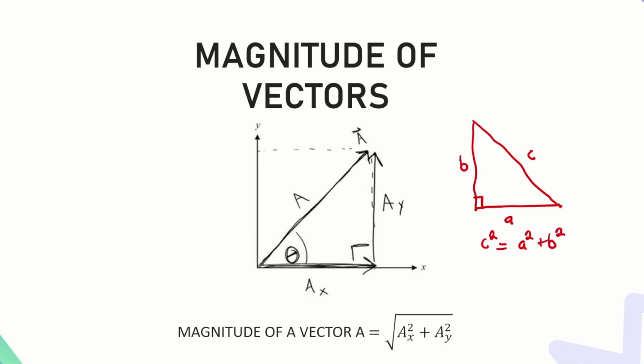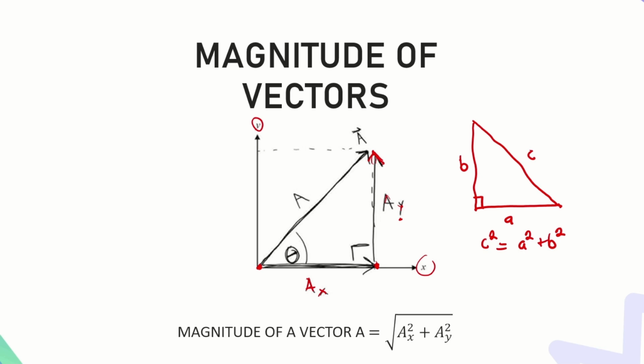So representing a vector in the Cartesian plane, as we see here with our x and our y, the length from our origin to the point where the vector moves on the Cartesian plane is represented with A subscript x. The point where it moves towards the y, from here to the top, we represent with A subscript y.